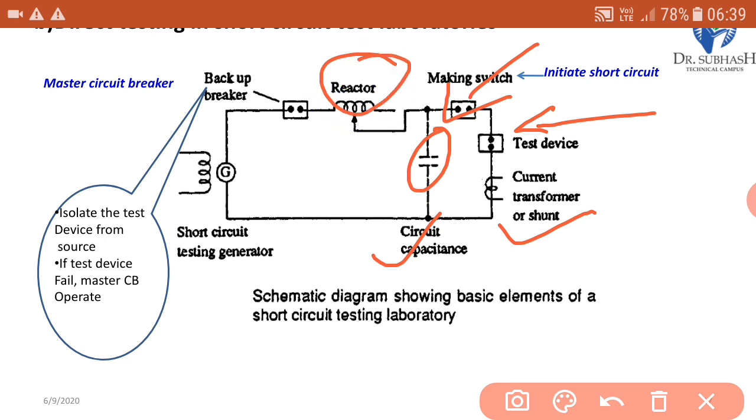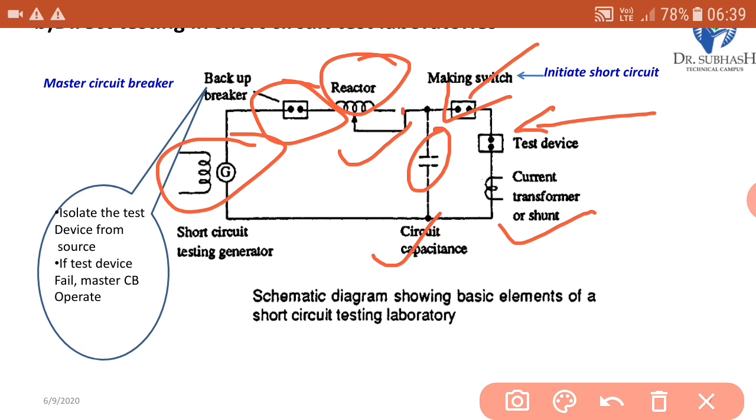It is reactor, and by varying this arm we can vary the inductance. This is backup circuit breaker, and this one is the source. So short circuit testing generator is used for the source.